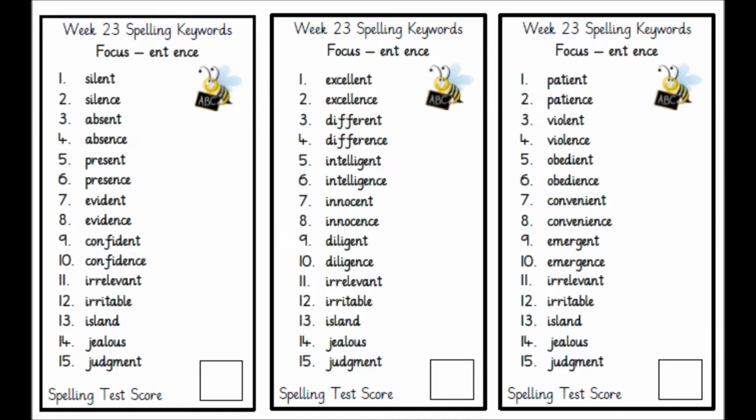Okay, and our red list, patient. Now that is quite a common word, patient, but it's in that list because of the sh sound from the TI. Patient, patience, violent, violence, obedient, obedience, convenient, convenience, emergent, emergence.